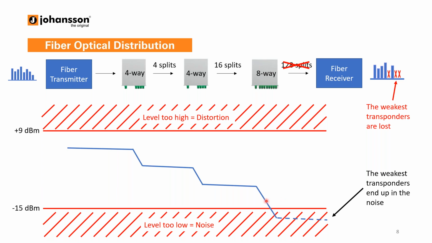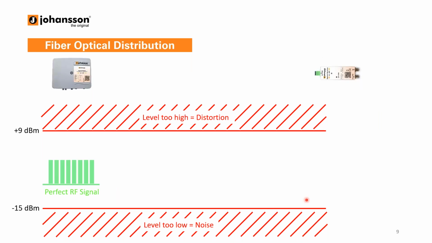Of course, to solve this you have to add an expensive amplifier, or add an additional fiber transmitter and split your network in two. So that can be a disadvantage. On the other side, if you can start from a perfect RF signal like this, where all the transponders are equally aligned, this will make a big difference.